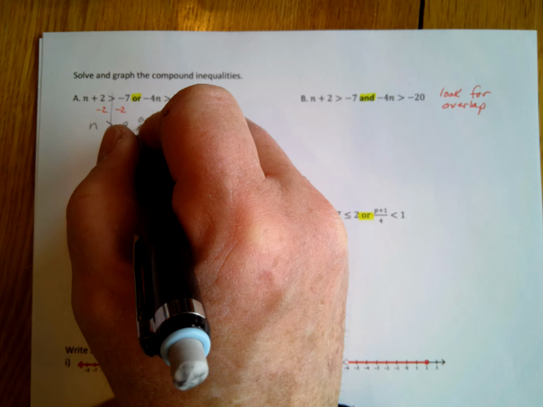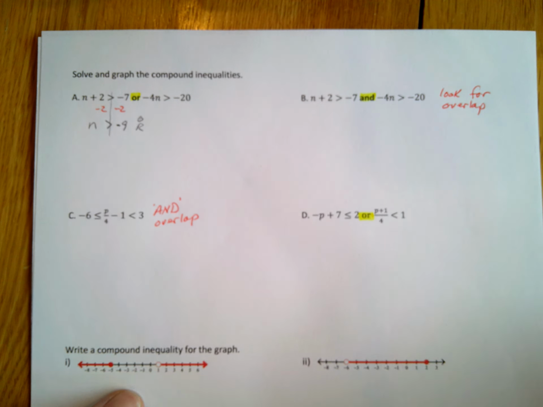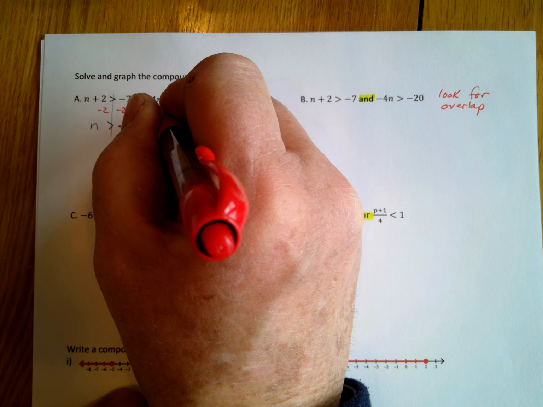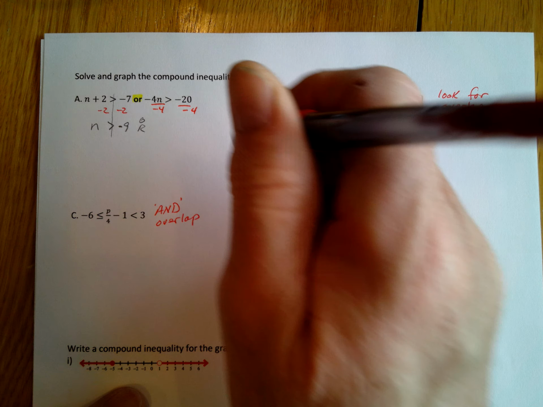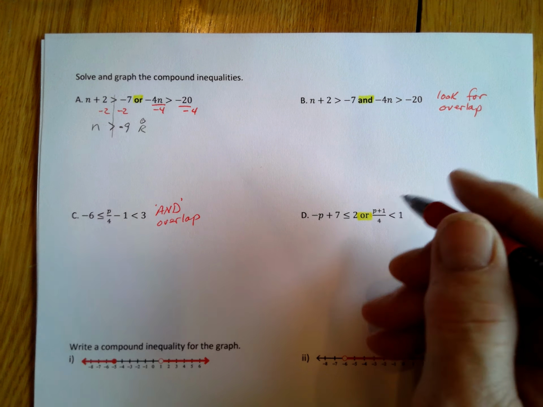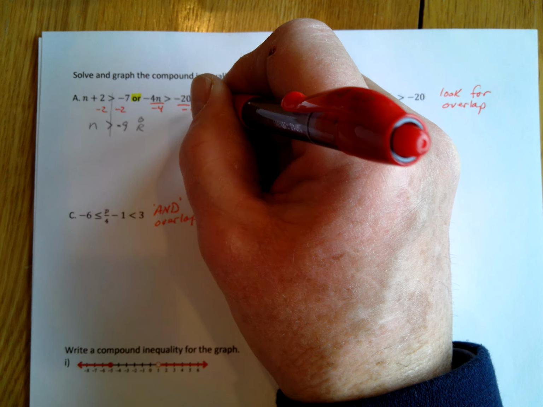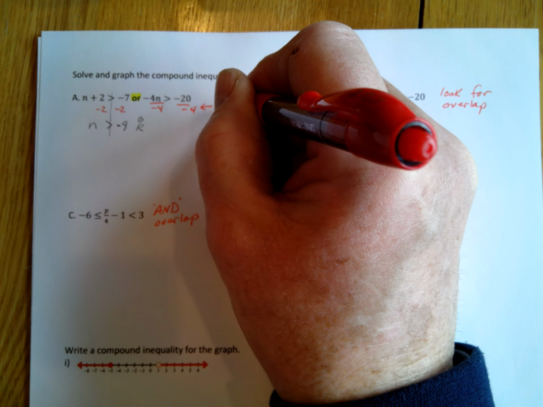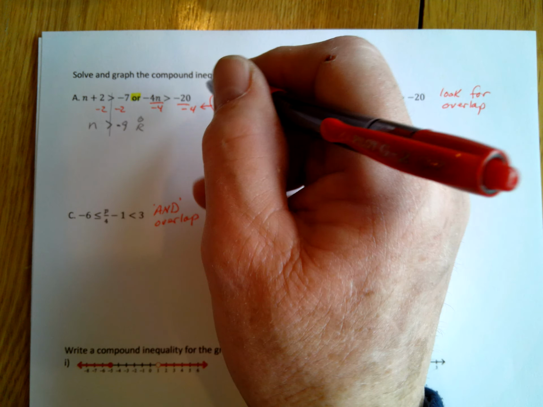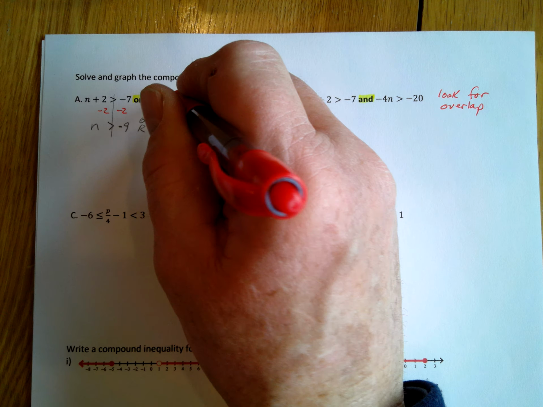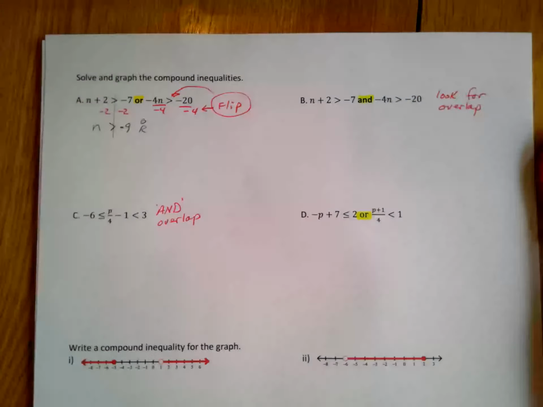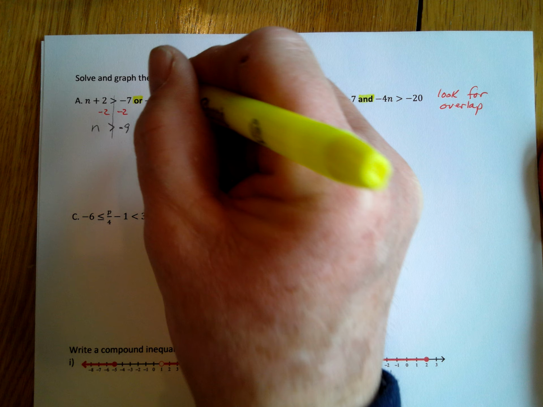Or, now I want to divide by -4 and -4. Ding, ding, ding, bells should be going off, right? What does that mean? That means that I need to flip my inequality. So we're going to end up flipping this guy.